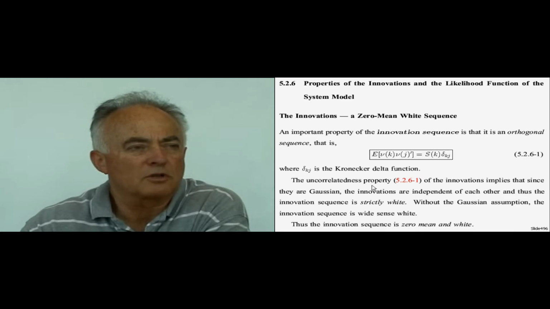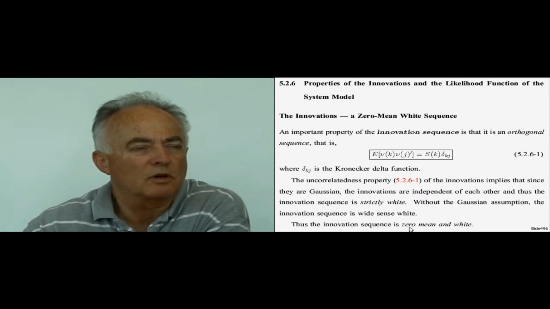Under the Gaussian assumption, the uncorrelatedness implies also independence, and therefore the innovation sequence is strictly white. Without the Gaussian assumption, the innovation sequence is just white in the wide sense. So what can we say the innovation sequence is?